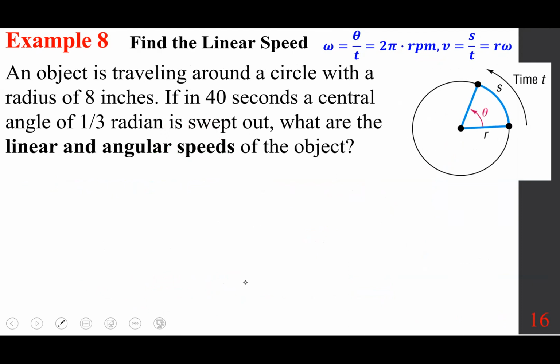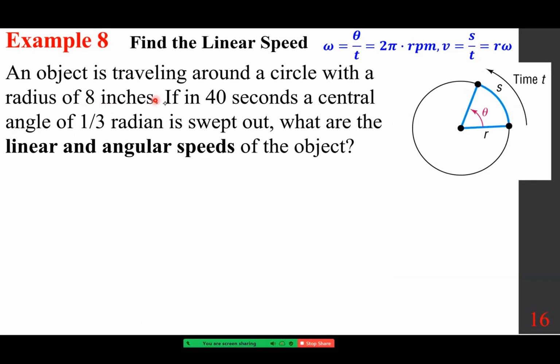All right, an object is traveling around a circle with a radius of 8 inches. If in 40 seconds, a central angle of 1/3 radian is swept out, what are the linear and angular speed of the object? So here's the circular motion. Here's the radius, which is 8.